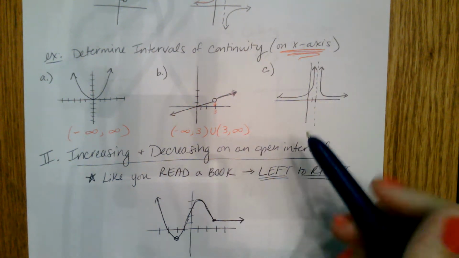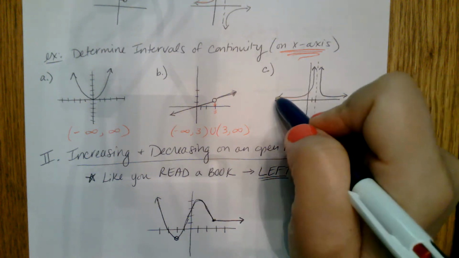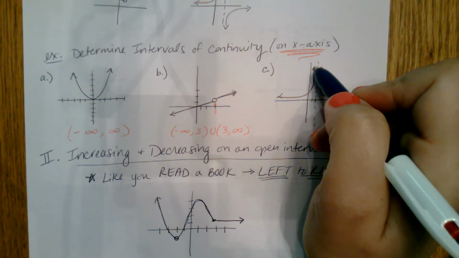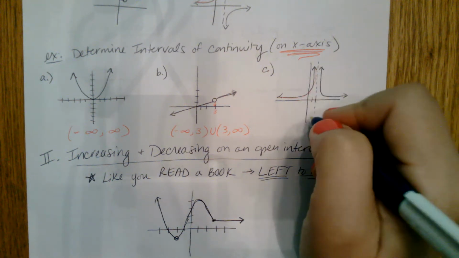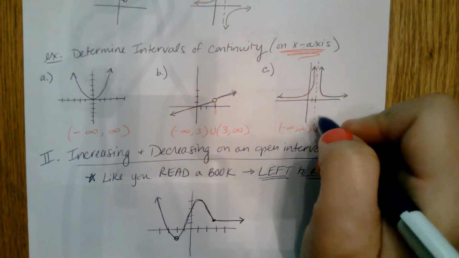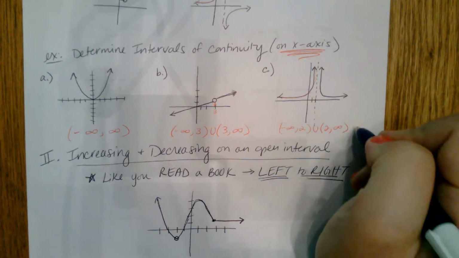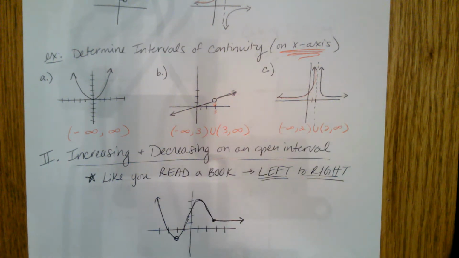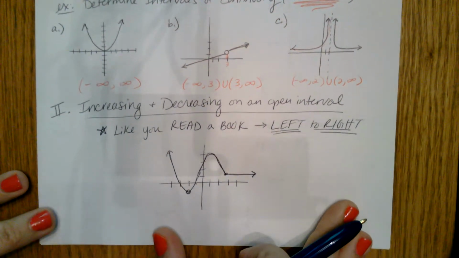If you get an asymptote, it's the same thing. You would say, okay, I don't have to pick up my pencil. I can draw my graph all the way up until this asymptote, which is at 2. So from negative infinity to 2, united with, and then I would do this side, which would be from 2 to infinity. So there is your quick and easy view of intervals of continuity, again, on the x-axis, okay?